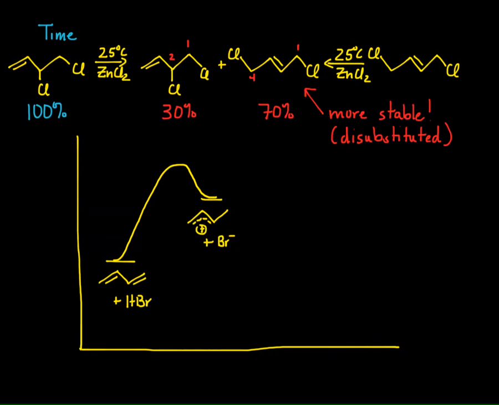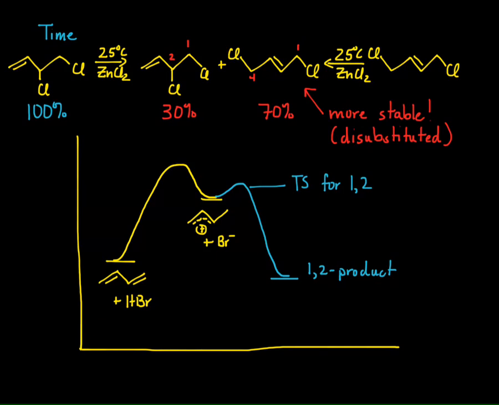And so now I have essentially two paths that I can take for products to form. I can think about the first path being 1,2 addition. The transition state of this 1,2 addition I'm showing here, and of course the product is going to be here, right? Now, at low temperatures, the 1,2 product is always the most favored product.